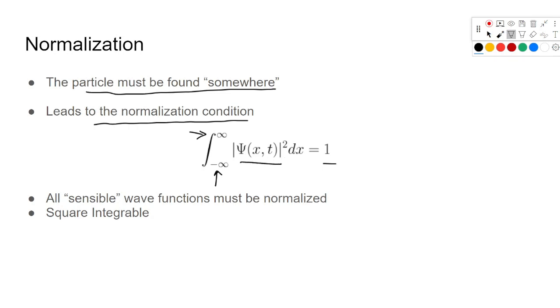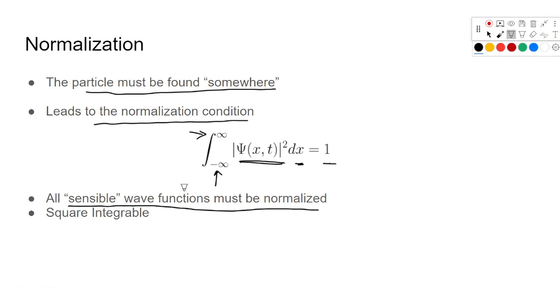So the square of the wave function, which is the probability density, times dx from minus infinity to infinity has to be equal to 1. What this means is that the particle has to be found somewhere between minus infinity and infinity. All sensible wave functions must be normalized.